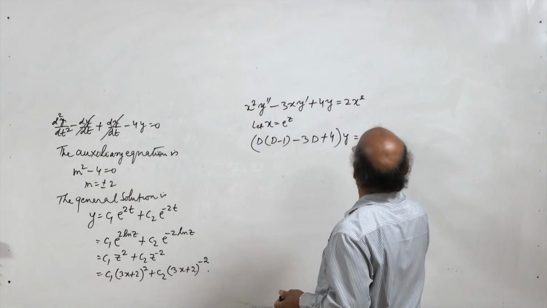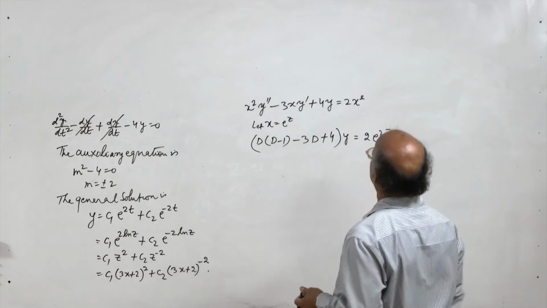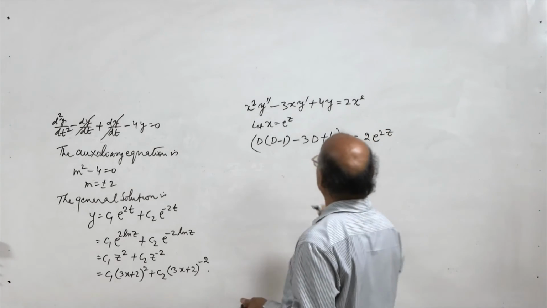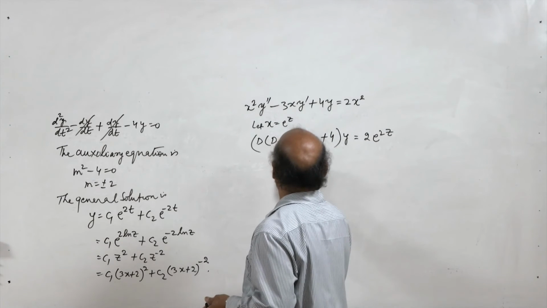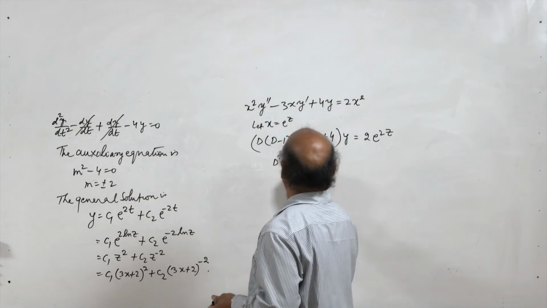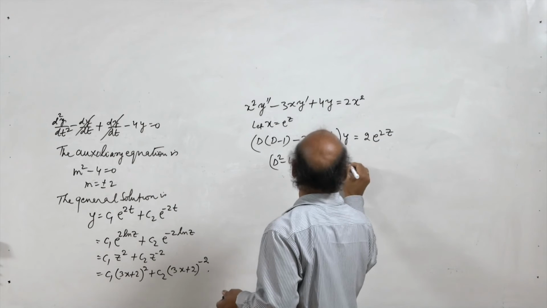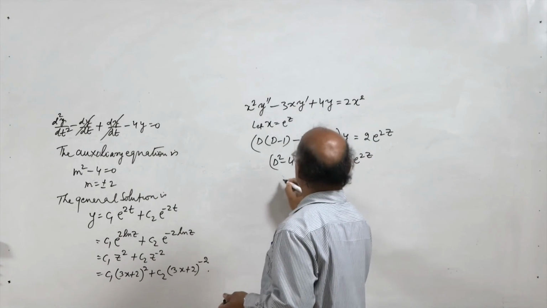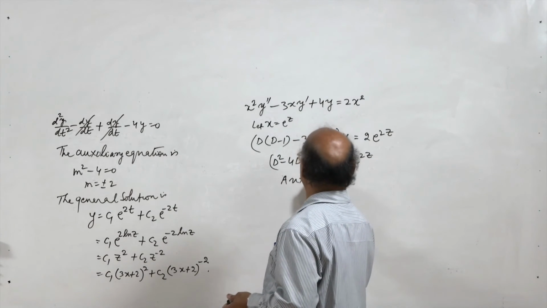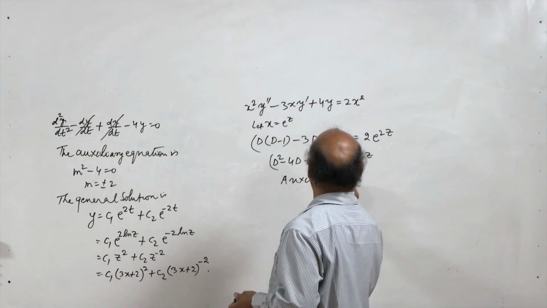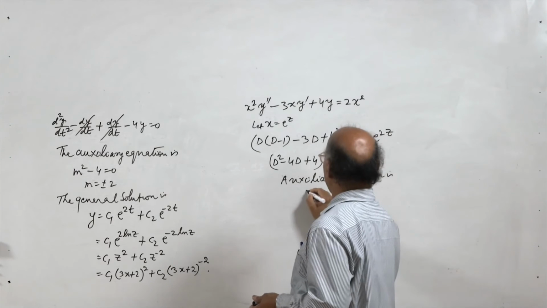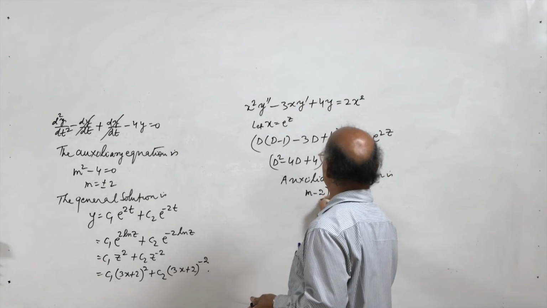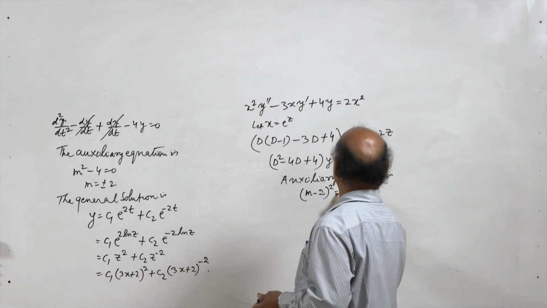Okay. So, x is equal to e to the power z, so we get 2 times e to the power 2z. Let us change the right hand side also to z. So, we have (D² − 4D + 4)y = 2e^(2z). Now, the auxiliary equation is (m − 2)² = 0.